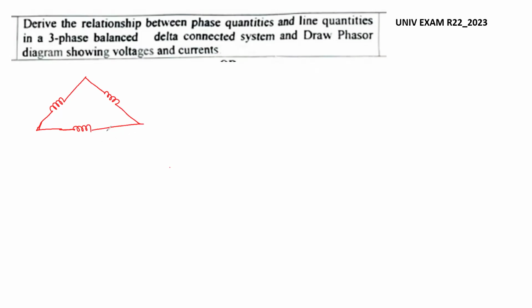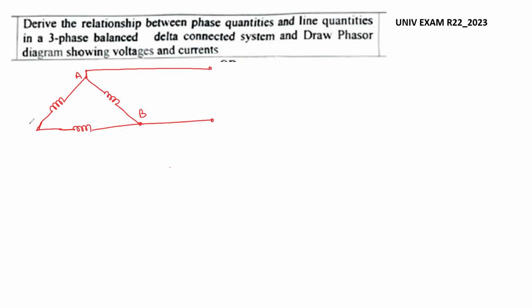Now from this point, suppose we call it A. From here, one line is taken. Again, this point we'll call B. From point B, another line is taken.